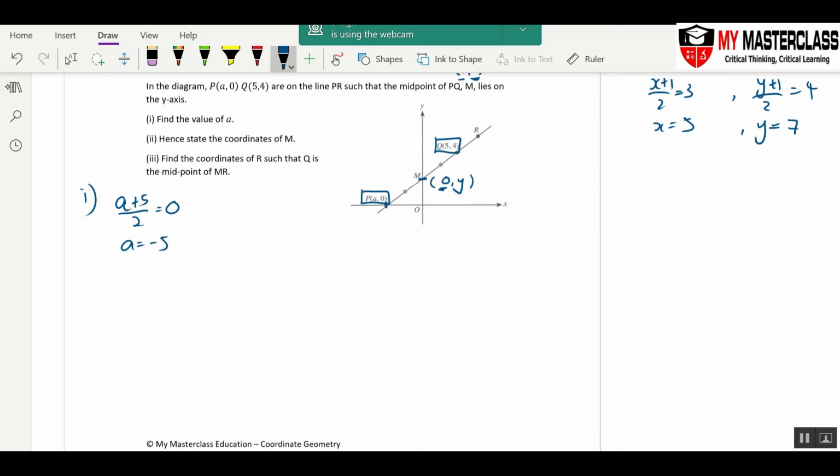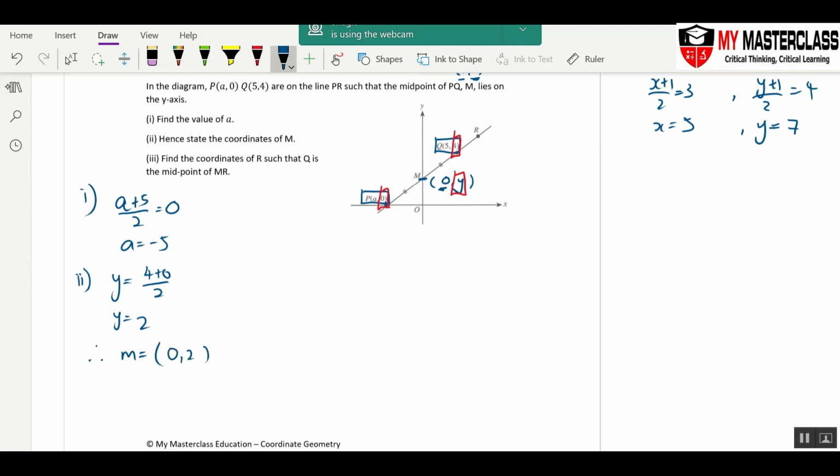If I want to find the y coordinate of my M, it is the average of the y coordinates of these two points, which means y is equal to (4 plus 0) divided by 2. So y is equal to 2. Always write your answer in the form that the question wants. The question wants its coordinates.